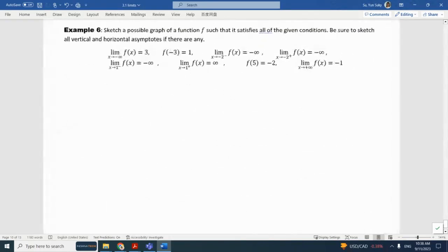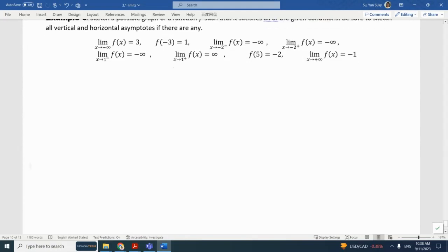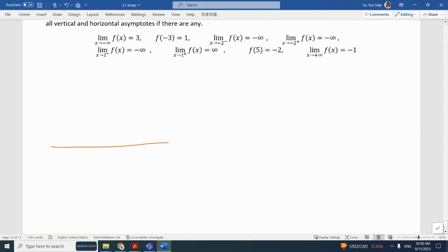Okay, so example 6. We want to sketch a possible graph of function f such that it satisfies all of the given conditions. Be sure to sketch all vertical asymptotes and horizontal asymptotes if there are any. So draw a long line, that's the x, and draw a vertical line, that's the y.